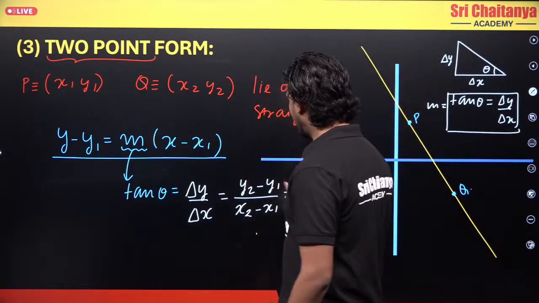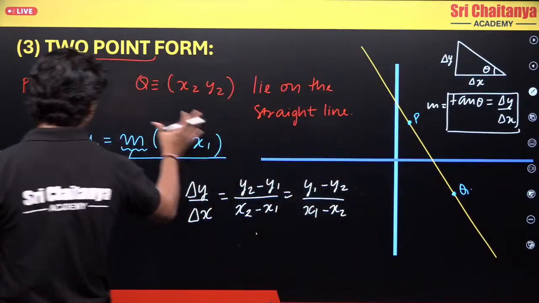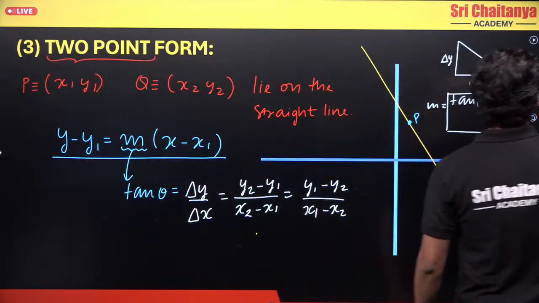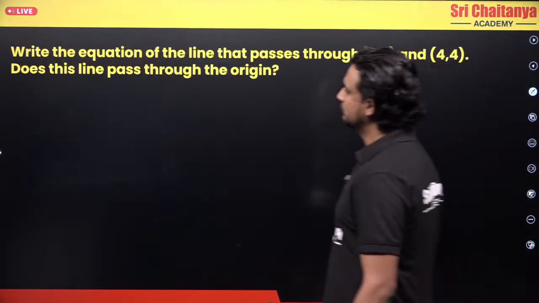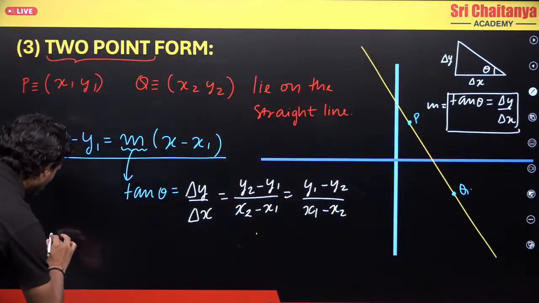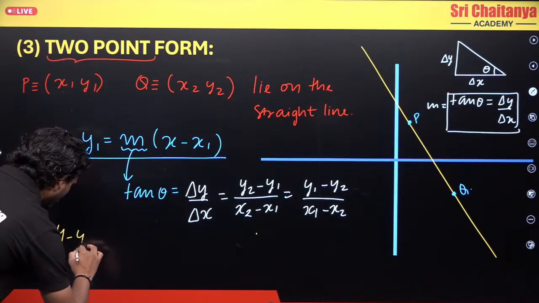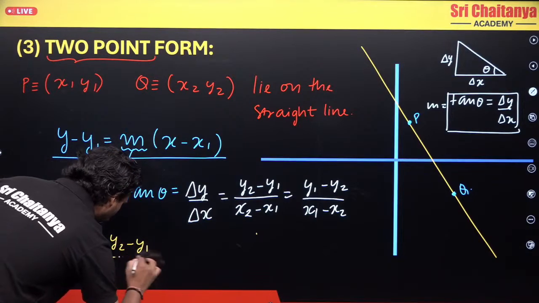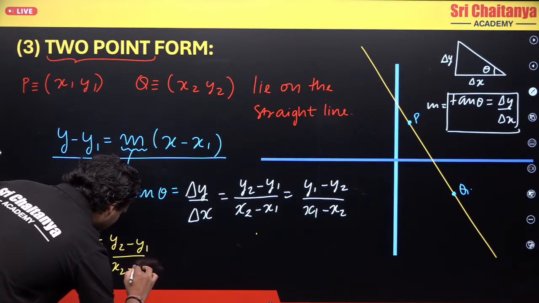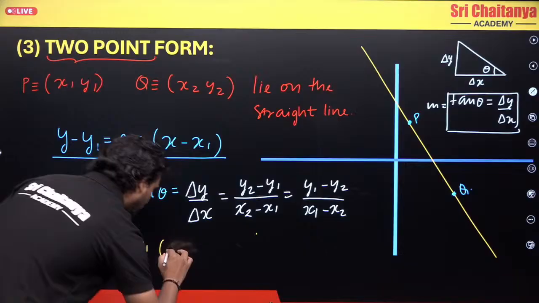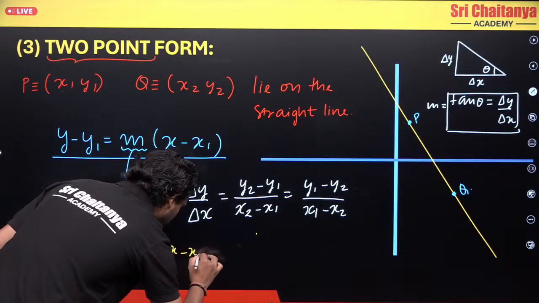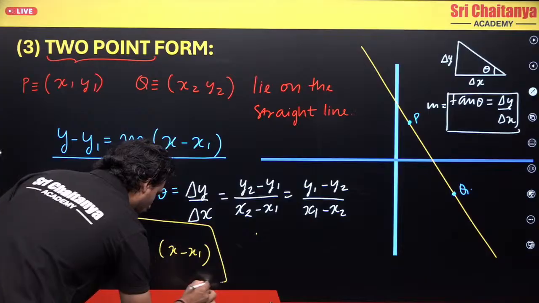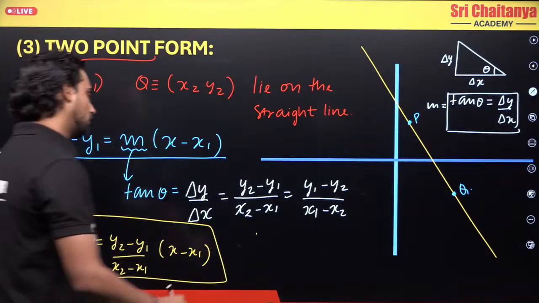Now I'll substitute the value of the slope in this equation. So the final equation of a 2-point form will become y minus y1 is equal to y2 minus y1 upon x2 minus x1, and x minus x1. This is the general equation of a straight line in a 2-point form.